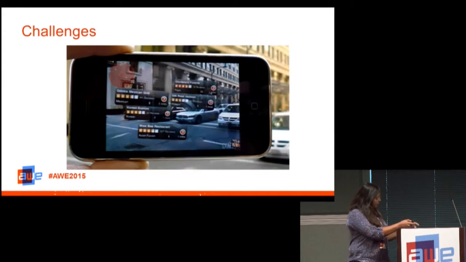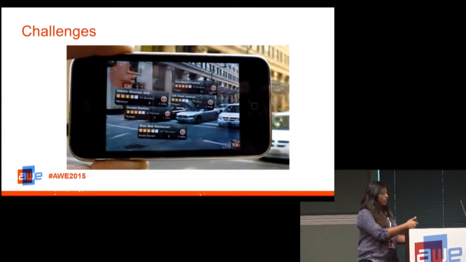The problem is amplified when it's in a mobile AR platform, and the reduction in the real estate imposes a challenge.